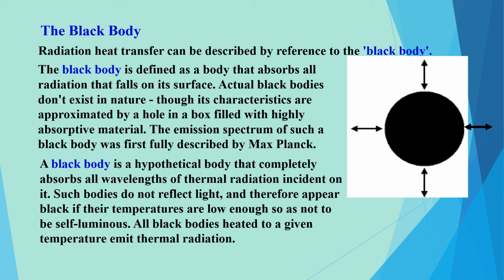A black body is a hypothetical body that completely absorbs all wavelengths of thermal radiation incident on it. Such bodies do not reflect light and therefore appear black if their temperatures are low enough so as not to be self-luminous. All black bodies heated to a given temperature emit thermal radiation.